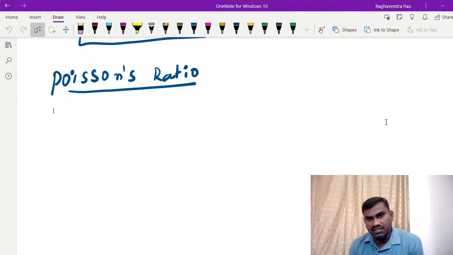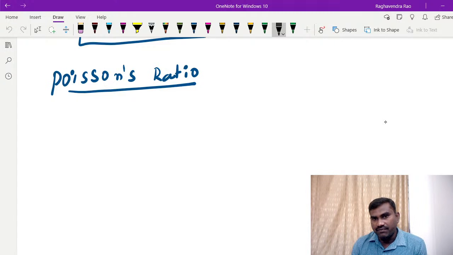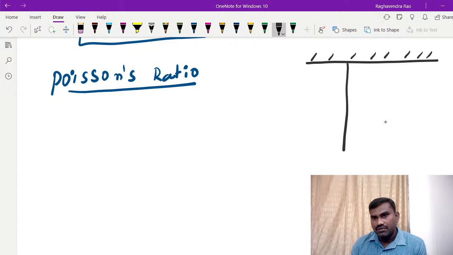Okay. Poisson's ratio. This is the value used to identify how the metal is laterally strained with respect to longitudinal strain. Now we can take a wire. Actually the wire is in the form of a cylinder.